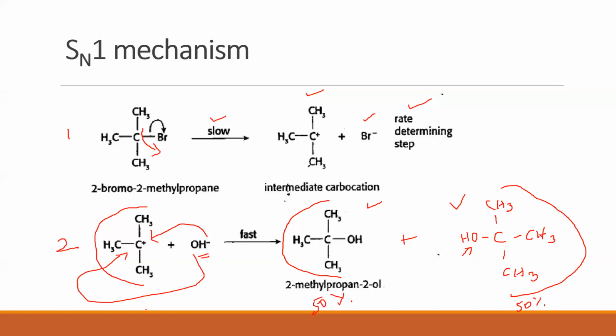Here it's attacking both from the front side as well as the back side. And what is the ratio? 50-50. Equal percentage of both front and back. Why is it so? I want you to think for a moment.